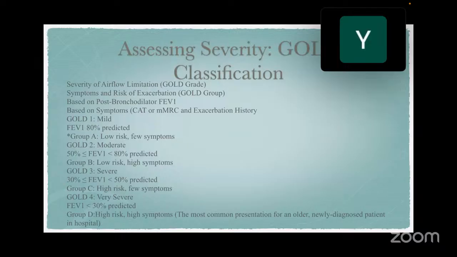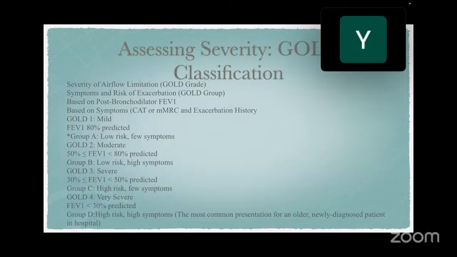GOLD 1 is mild, and in GOLD 1 the FEV1 is 80% or more of the predicted in comparison to the general population. Group A is the group with low risk and few symptoms. GOLD 2 is moderate. The FEV1 is between 50% and 80% of the predicted.